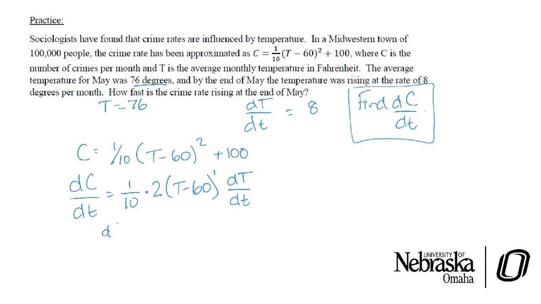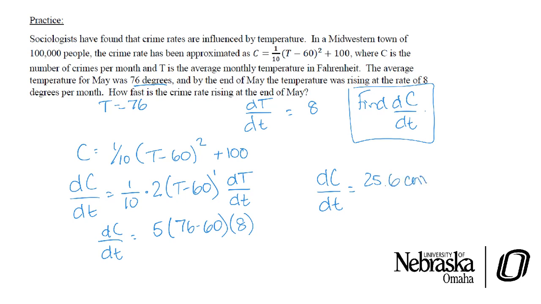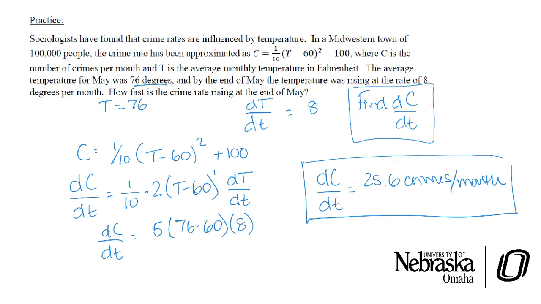The next step is to plug in the information that was given to us. So 1/10 times 2 is 1/5. T was 76, and dT/dt is 8. If we plug that in and simplify it, we get 25.6. And of course, this is crimes per month, the change in the number of crimes with regard to time.